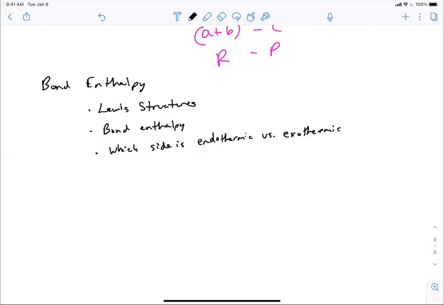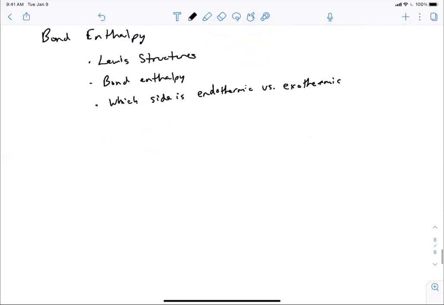So with bond enthalpy, I strongly suggest that you draw at least one of each structure out in your problem, because it'll minimize a lot of issues that students have. Okay.